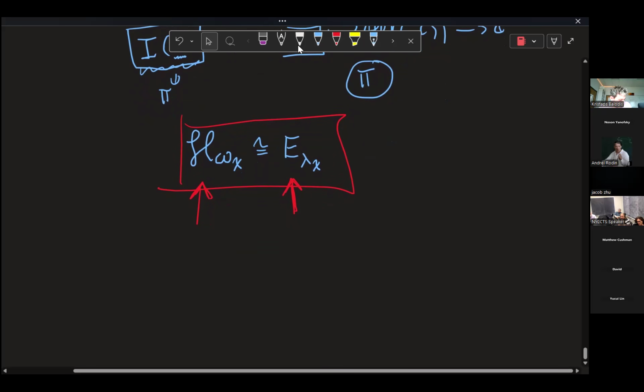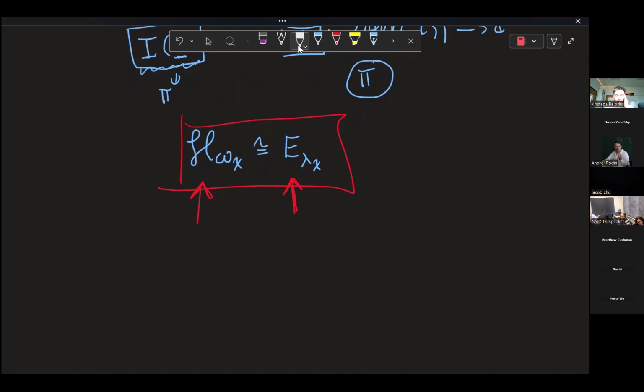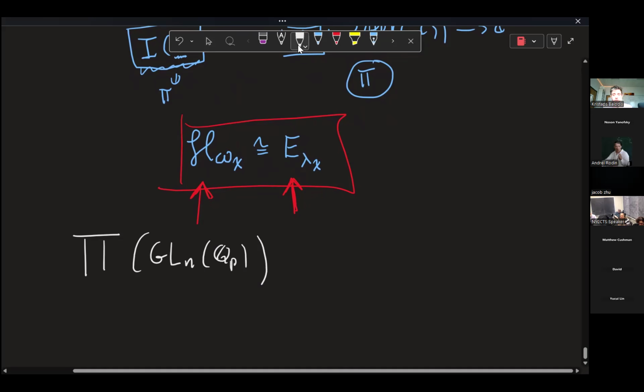So just a priori, right? On the one hand, if we start at the very beginning with the concept of the irreducible representations of GL_n(Q_p), I don't know if you recall from the first talk, but I mentioned that there are some characters of GL_n, and those are all the interesting finite dimensional representations, actually.